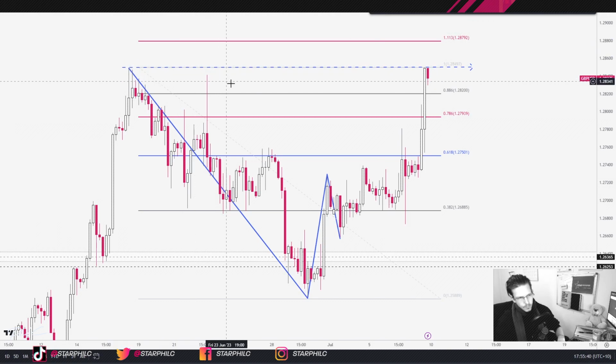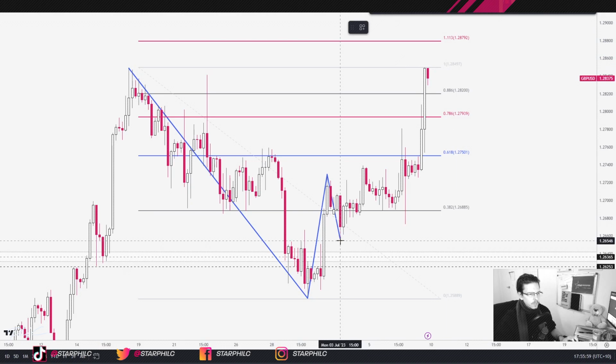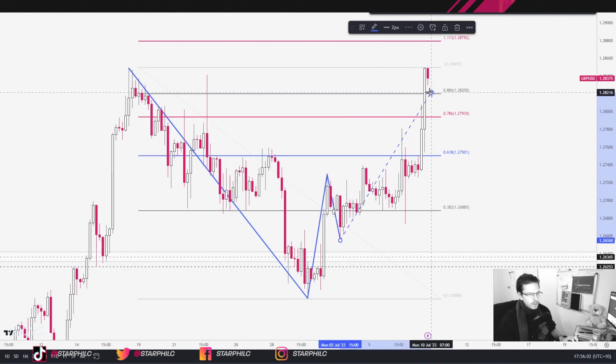So, now that price action has closed below our swing high, which is our X point right here, this has a very nice risk to reward on market open. So that's really good. We want price action to come all the way up into the 886, giving us a D point completion for this criteria to be met and to have a valid bat pattern trade, which we do, right?